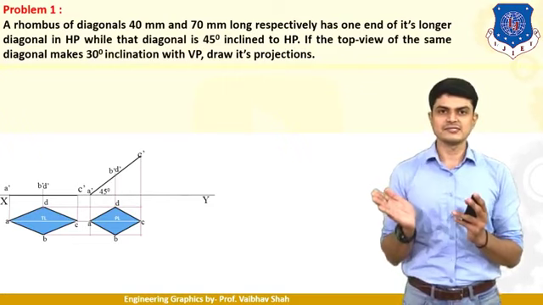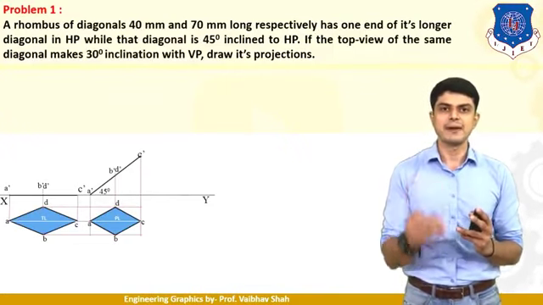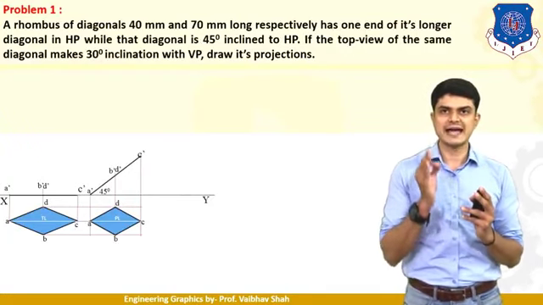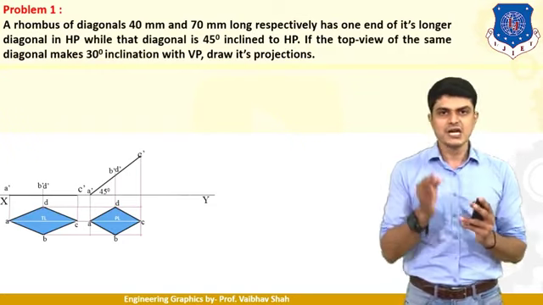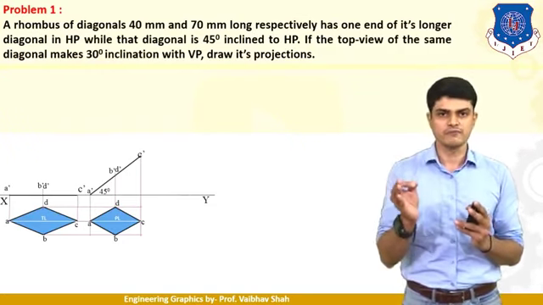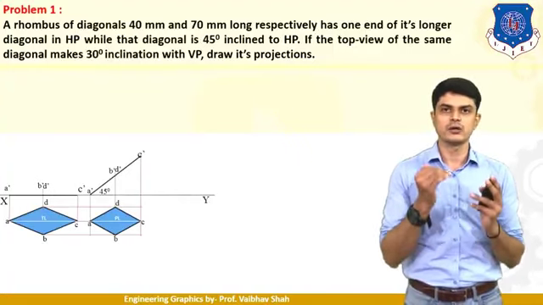So the second stage figure, we can identify this horizontal diagonal as plan length. Now here it is said that if the top view of the diagonal makes 30 degree, that means we should incline this plan length to 30 degree, which is also a top view.